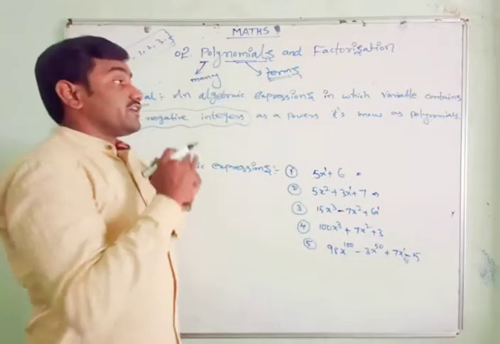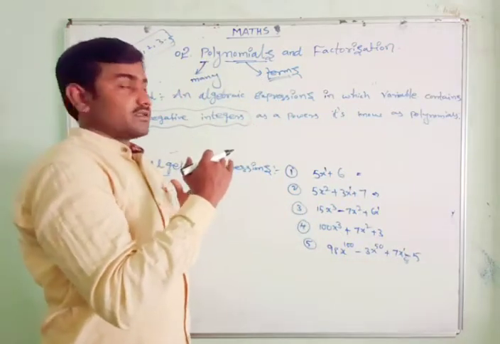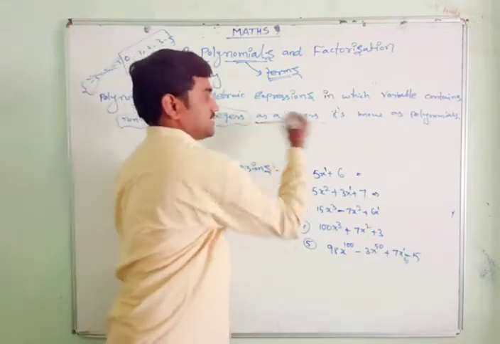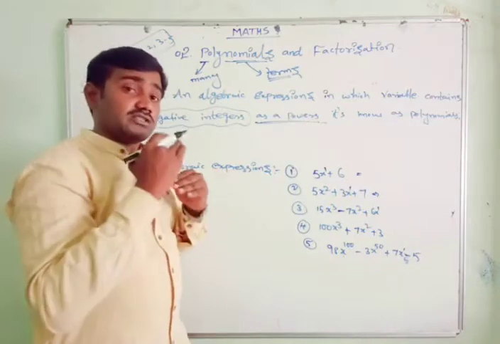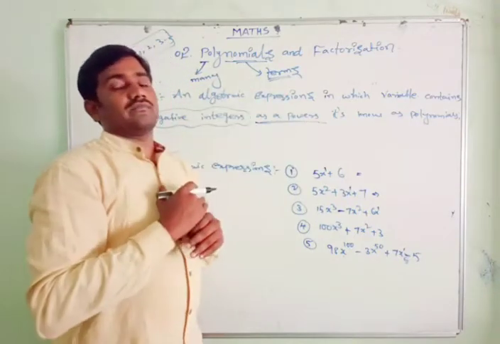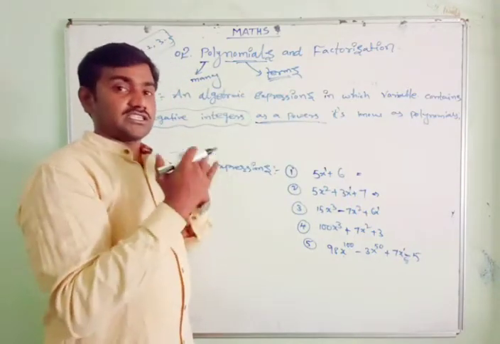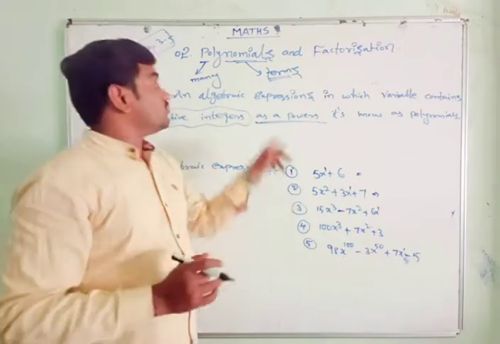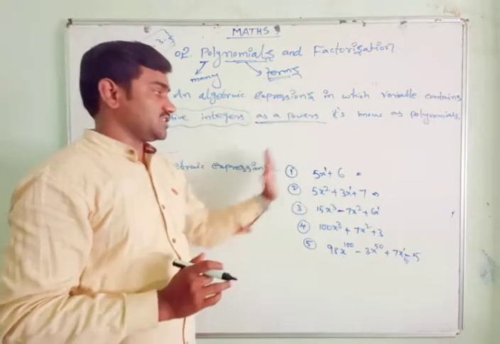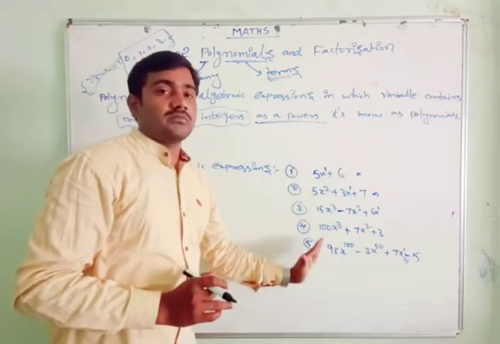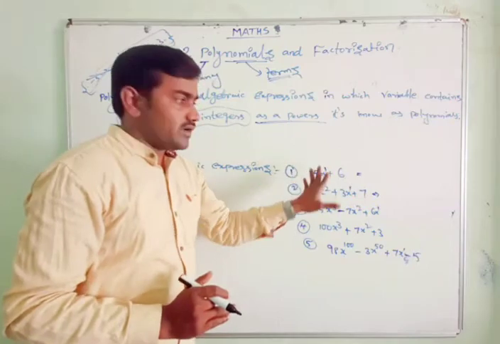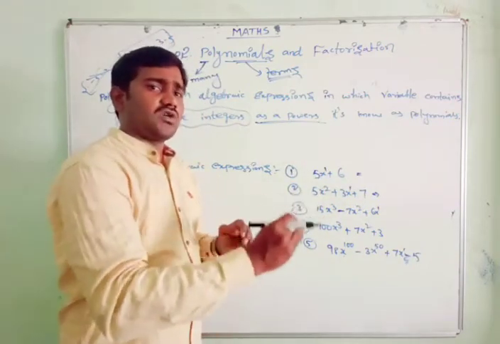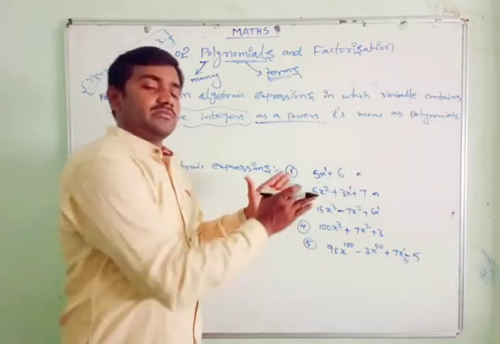So if the variables only contain non-negative integers as powers, that is, only positive integers or zero, then they are known as polynomials. Or else, they are not polynomials. You already know what an algebraic expression is. These are algebraic expressions. In an algebraic expression there will definitely be variables.